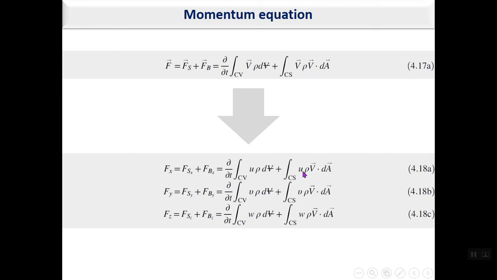So please note that for each direction we put the corresponding component of velocity, for example in the x direction, which is u here and here instead of V, as you can see here. But for this one you should do the math, which is the dot product between V and dA.